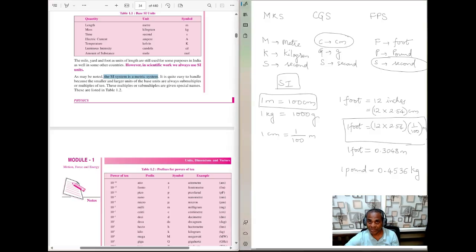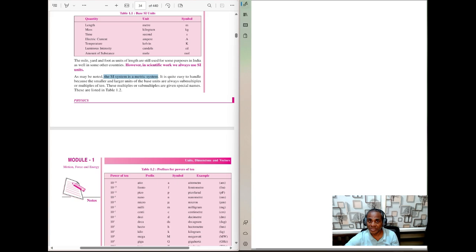So if we talk about the SI units, we know that for length, the SI unit is meter, right? And for larger units of length, we have something called a kilometer, which is nothing but 1 kilometer is equal to 1,000 meters. It's a multiple of 10. We can also write it as 10 raised to 3 meters.